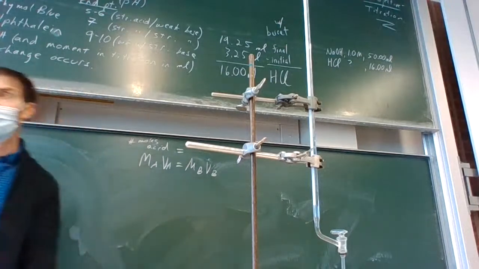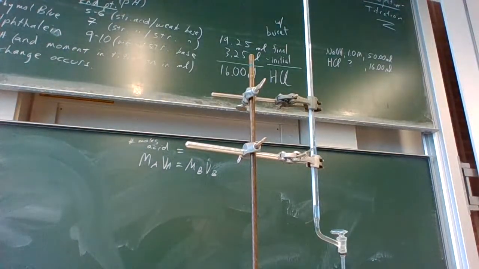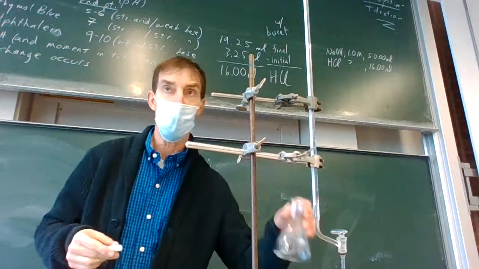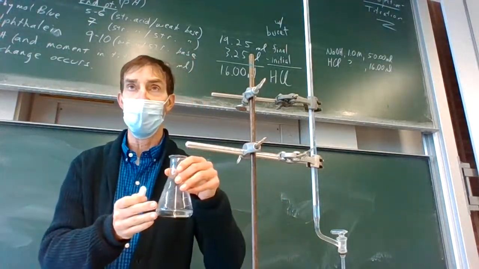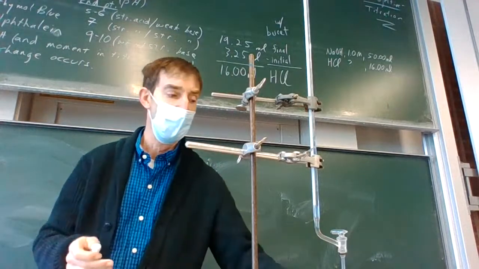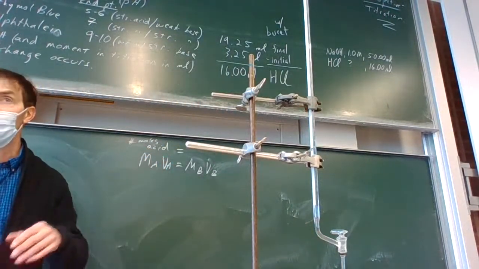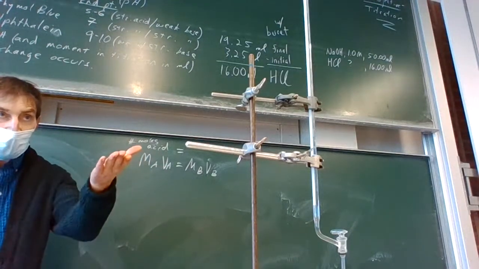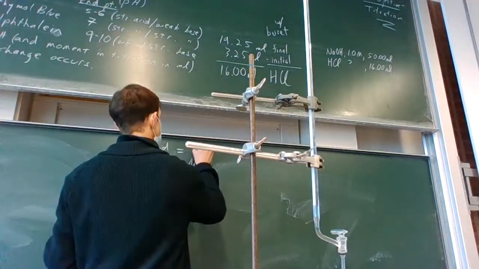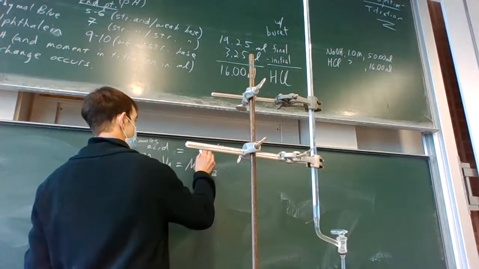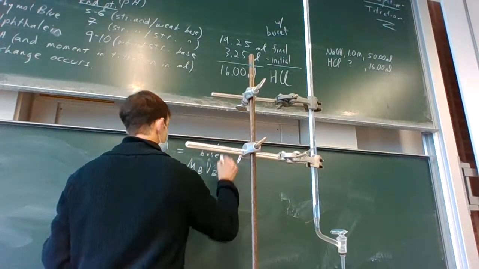Once I get to the end point, the point where the indicator changed color, if I really hit it exactly, then the number of moles of acid at that point equals the number of moles of base. That's the whole trick of a titration, okay?